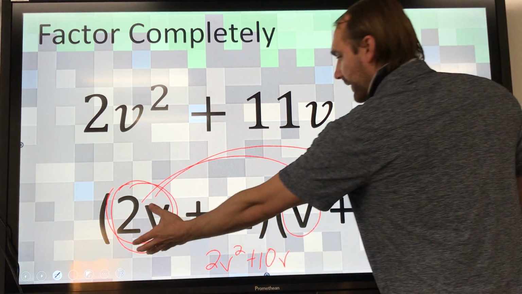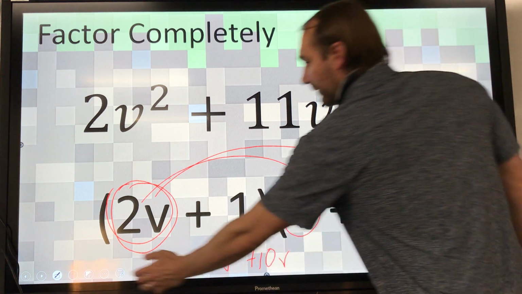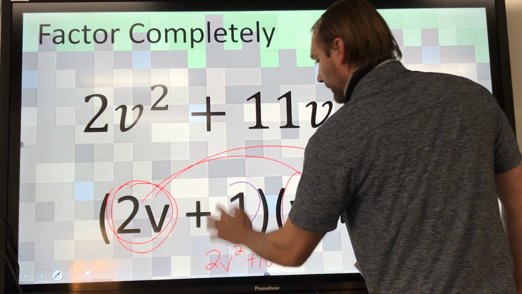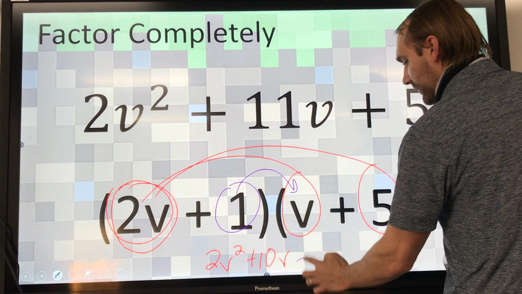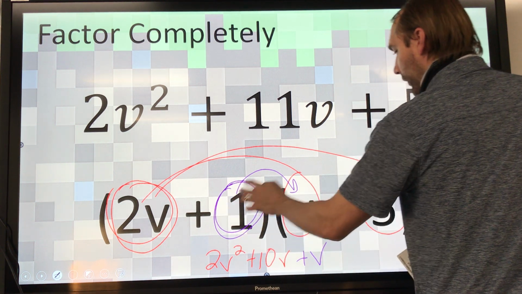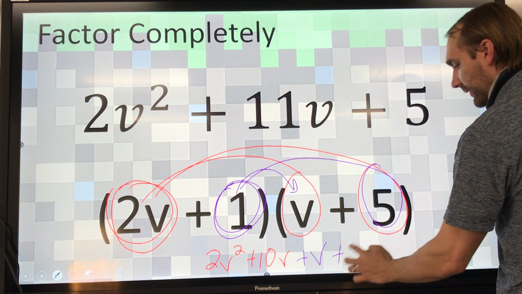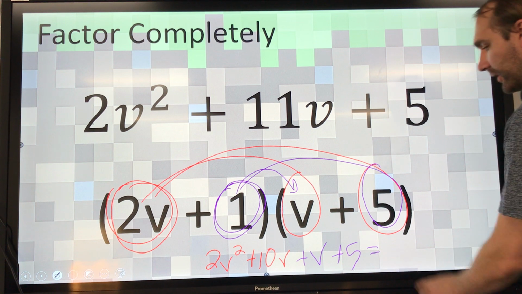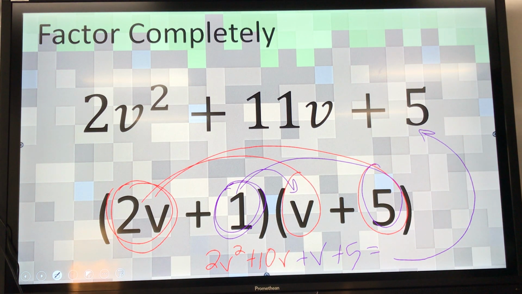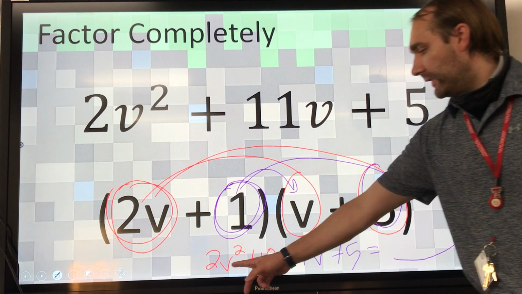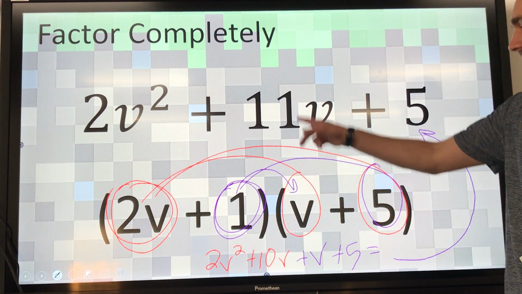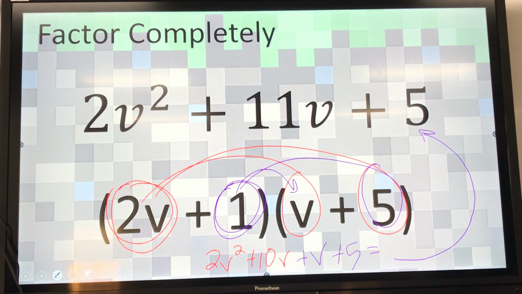And now I'm multiplying 1 by everything over here: 1 times v is just v, and 1 times 5 is 5. When I combine my like terms, do I not get the original problem? 2v squared plus 10v plus v is 11v plus 5. I checked my work and my factor is correct.